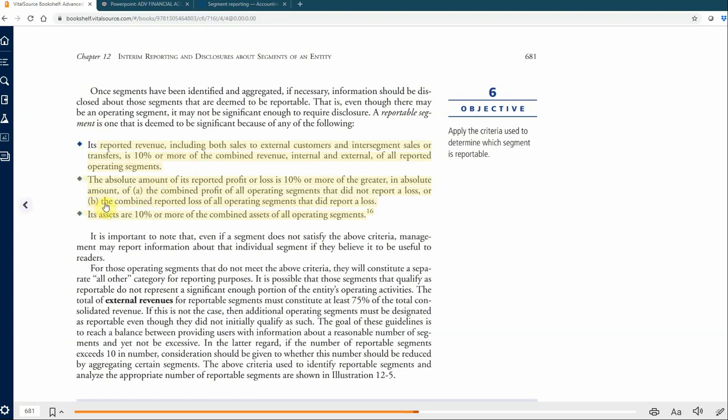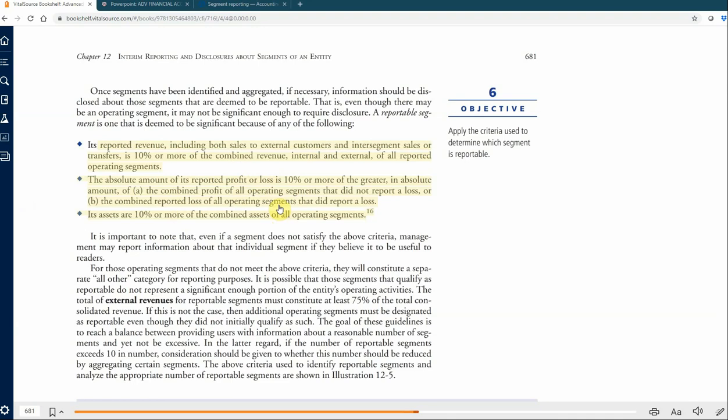The other one is profit. If a segment makes up 10% or more of the profit or loss, then we're going to report it. When it says profit or loss, what that means is, say we have a company with $1 million in total profit, and one division has $200,000 income, so that's 20%, which is reportable.